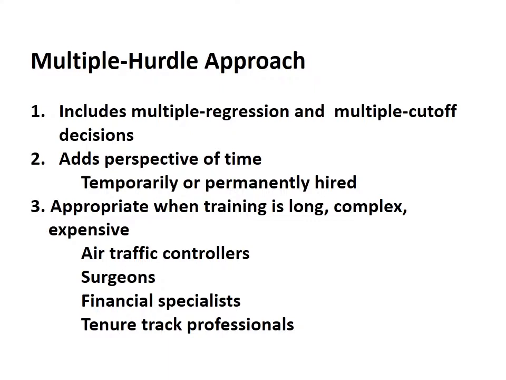Each time that you go through a process of getting the job, you're basically taking a multiple regression, so multiple predictors that determine whether or not you move on in the process. However, as you move on in the process, you then hit another set of predictors with a cutoff. So this adds the perspective of time from the multiple cutoff approach to the multiple regression approach.